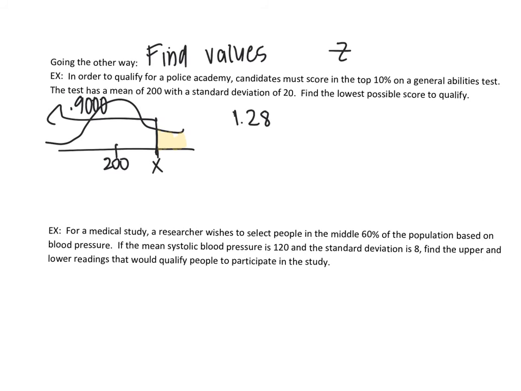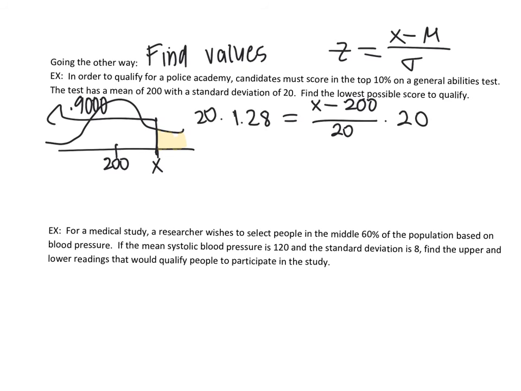Remember, our z-score formula is x minus the mean over the standard deviation. So 1.28 equals x, which we don't know because that's what we're trying to solve for, minus our mean of 200 over our standard deviation of 20. So we're going to solve for x. Multiply both sides by 20.